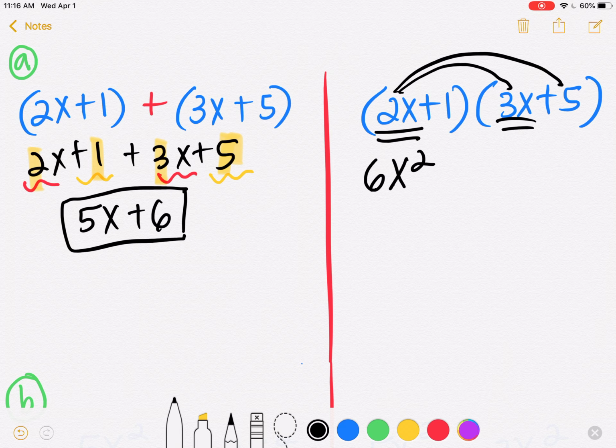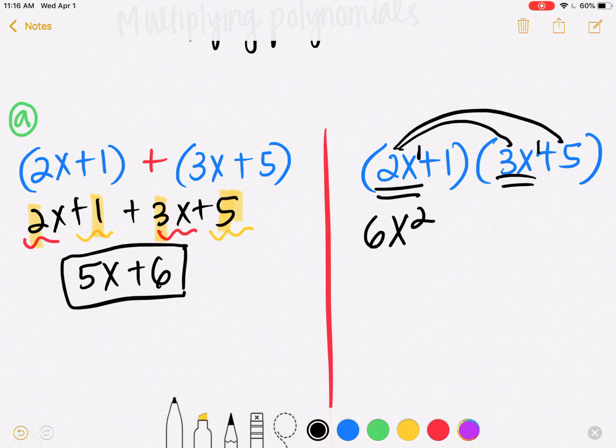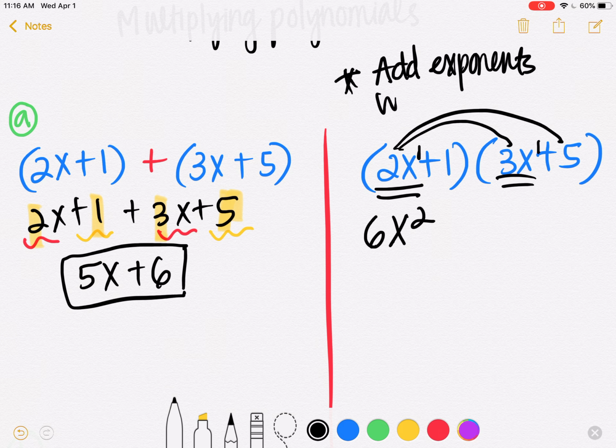And the reason for that is the first x has an exponent of 1. The second one also has an exponent of 1. So you add your exponents together when you're multiplying. So I'm just going to make a note. Add exponents when multiplying. Okay, so again, that one's going to be 6x squared.